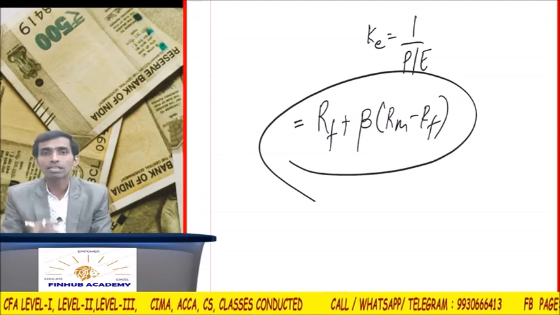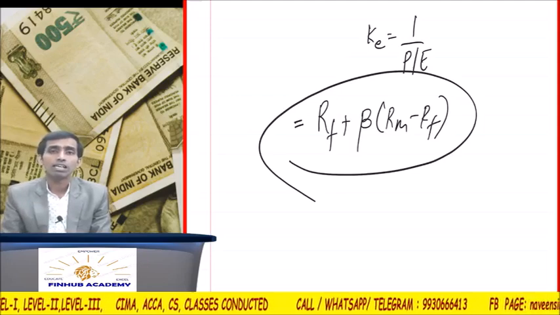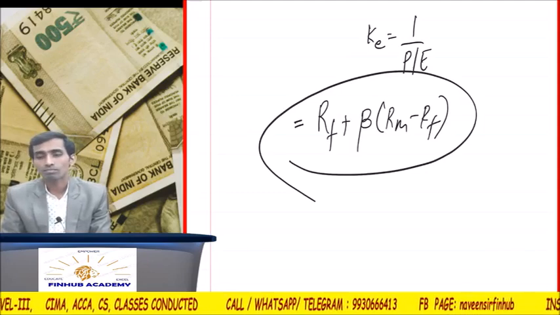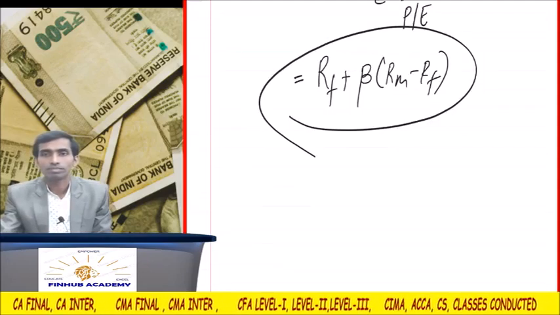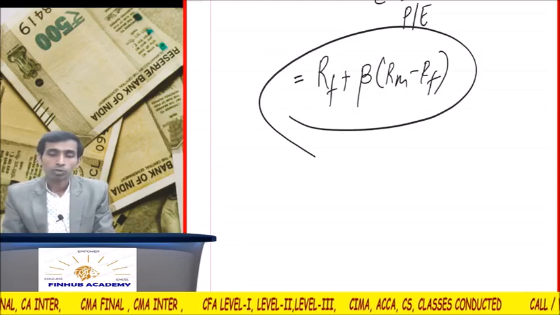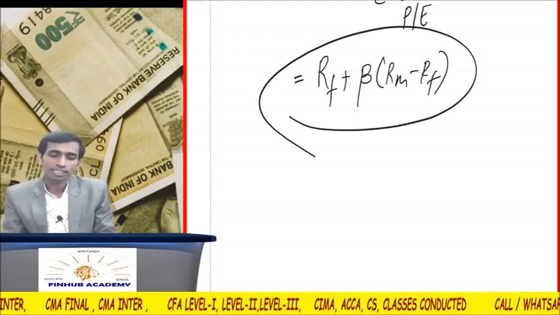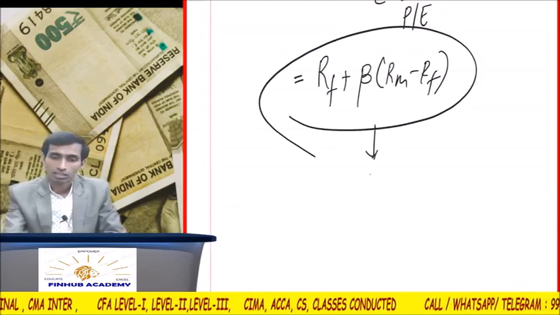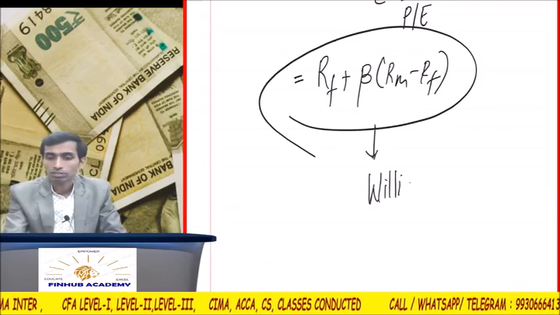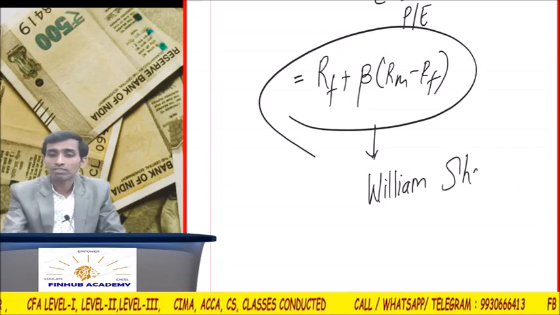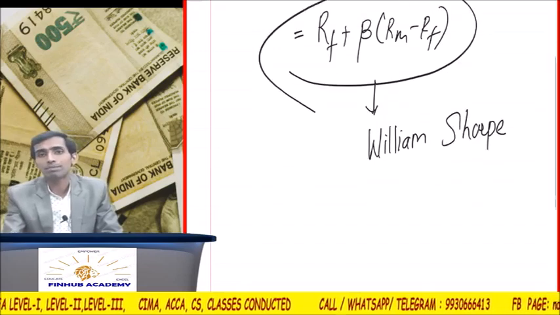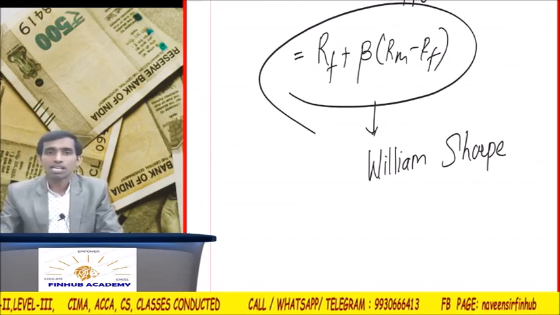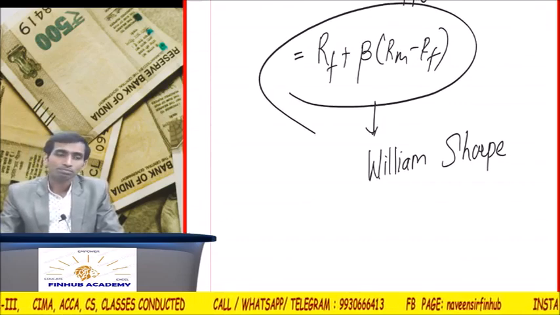Therefore, it is called the capital asset pricing model. Did I tell you who gave this model? William Sharpe. There is something called the Sharpe ratio also. William Sharpe, a Nobel Prize winner.